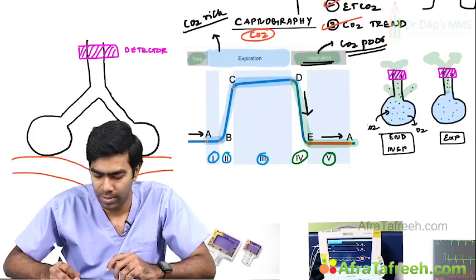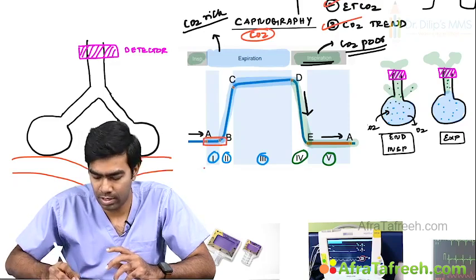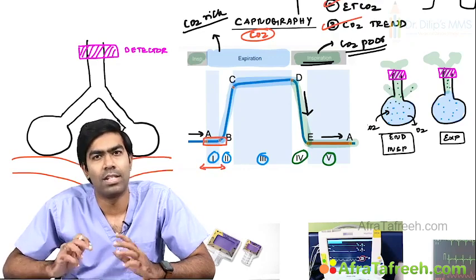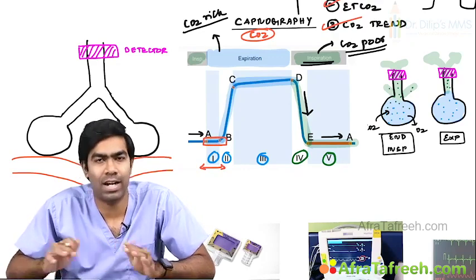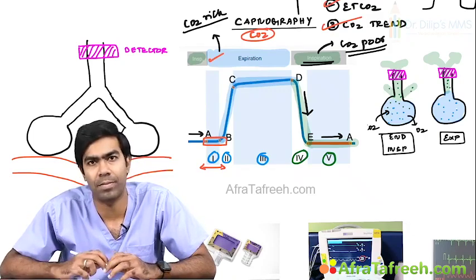But why, during the initial phase, that is from A to B, during phase 1, is the carbon dioxide still in the flat line, which means carbon dioxide is not rising even though the expiration is happening? Further, you have to understand a very simple physiology: whenever you exhale, the first gas that comes out during exhalation is the dead space air.